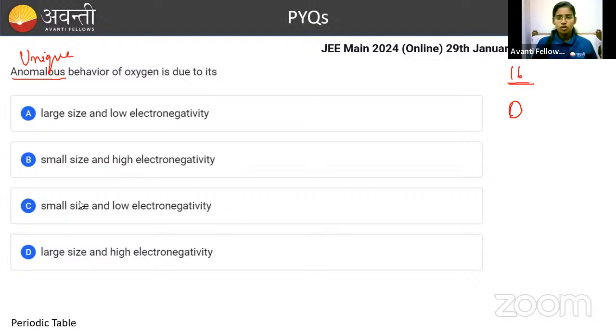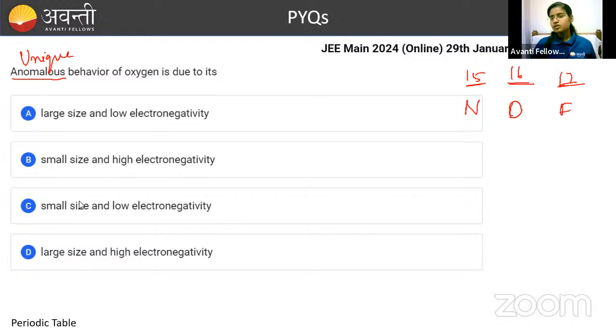It is not only for oxygen. Fluorine is the first member of the 17th group, and nitrogen is the first member of the 15th group. All these first members have unique properties. Amal is going for option B. I was asking for the three reasons for the anomalous behavior of the first member.